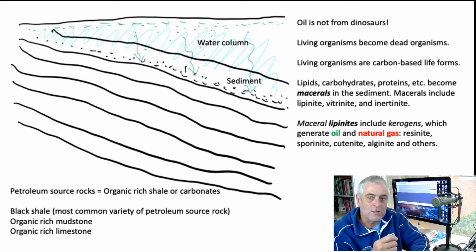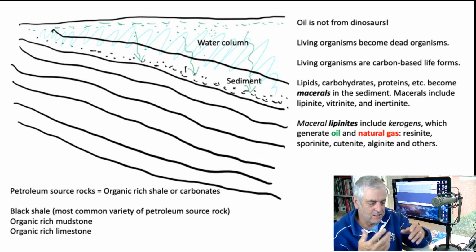And so some of those liptinites are kerogens, and those kerogens would include things like resinite, resin from trees perhaps, pollen, things like that. Sporinite, so many organisms put out spores rather than seeds, and those spores could then generate oil and gas as a type of kerogen. So sporinite is a variety of kerogen.